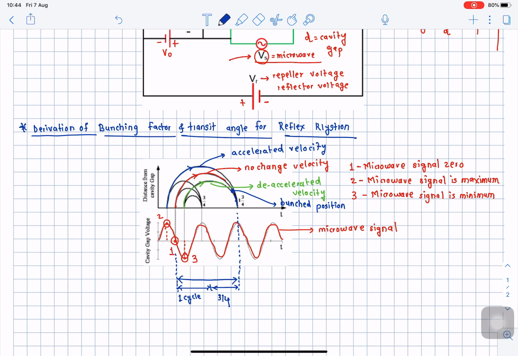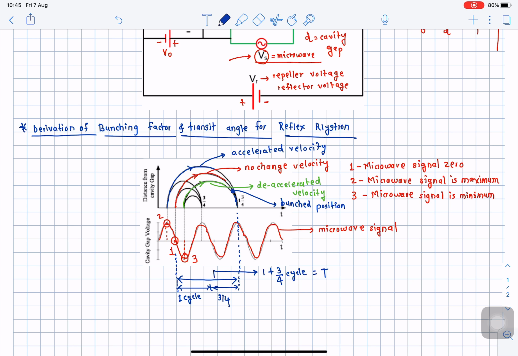So the total time period over here is 1 complete cycle plus 3/4 cycle. So the time period where the bunching of all the different types of electrons will take place is 1 and 3/4 cycle.